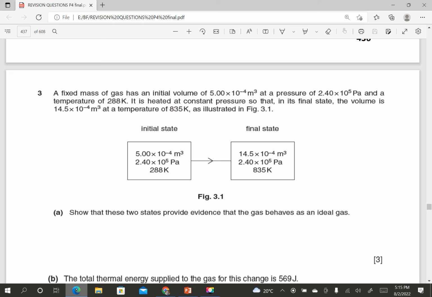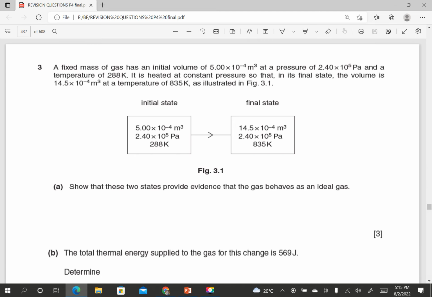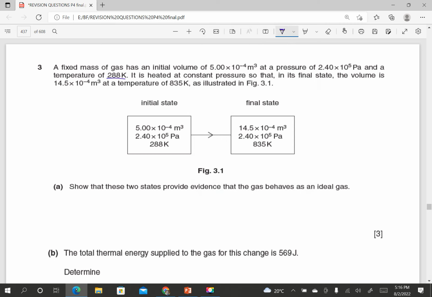The last time we were here, in part 2, we must have stopped on page 436. So I want us to resume from page 437, and we were trying to attempt this question. A fixed mass of a gas has an initial volume of 5.00 times 10 power negative 4 meters cubed at a pressure of 2.400 times 10 power 5 pascals and a temperature of 288 Kelvin.